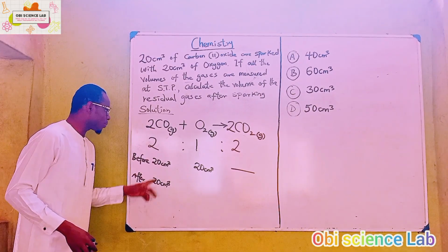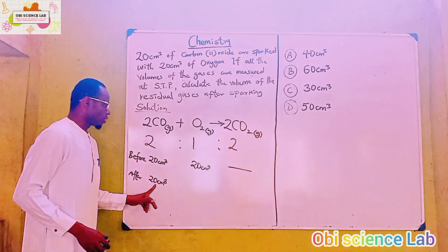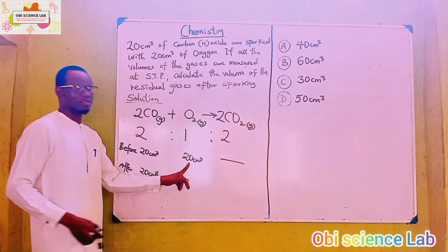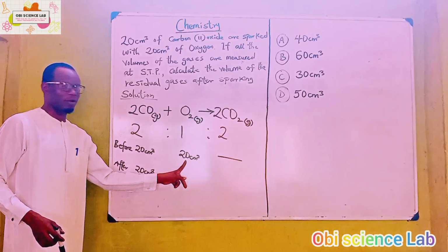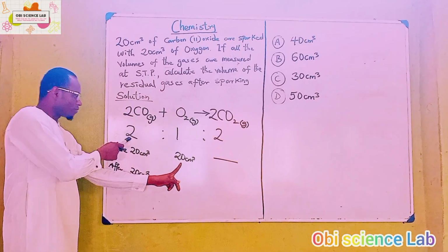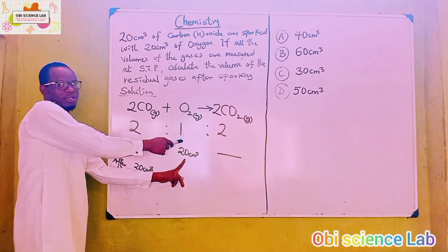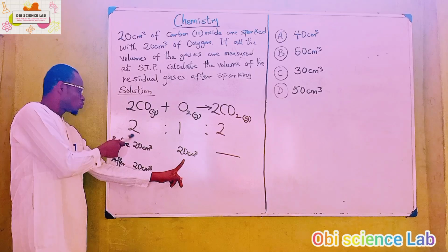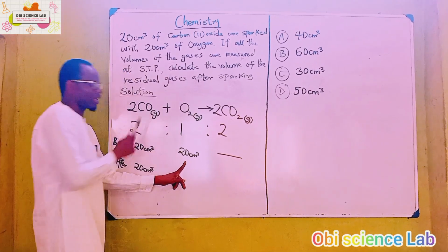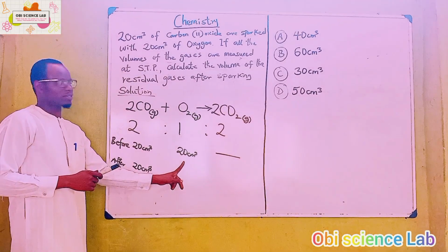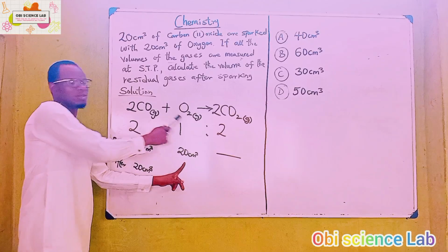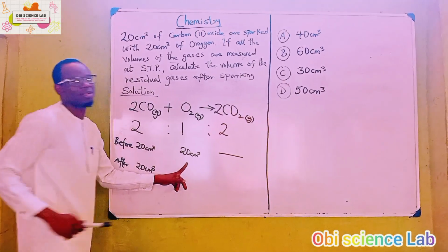So this 20 cm cube of carbon 2 oxide can only take 10 cm cube from this 20 cm cube of oxygen available because of this mole ratio, 2 ratio 1, meaning 2 moles of carbon 2 oxide can only take 1 mole of oxygen in this particular reaction.